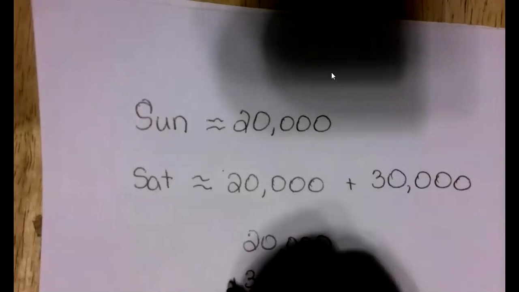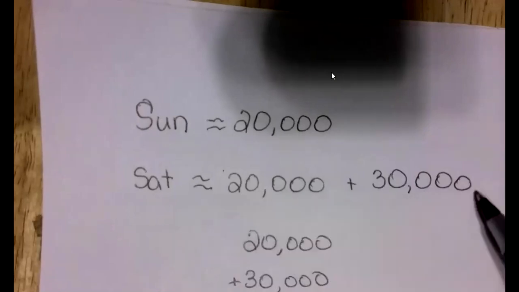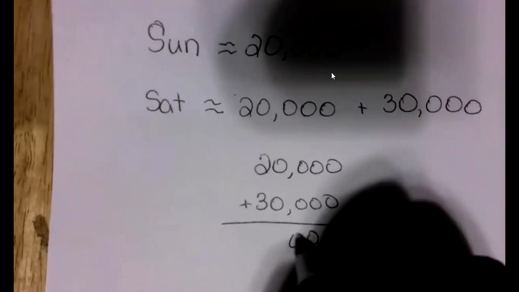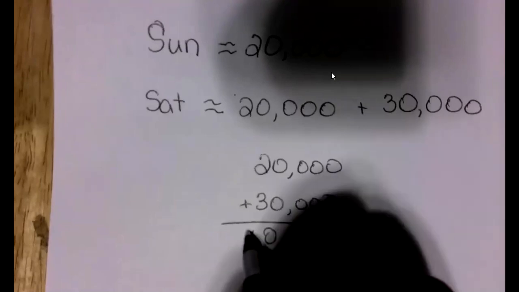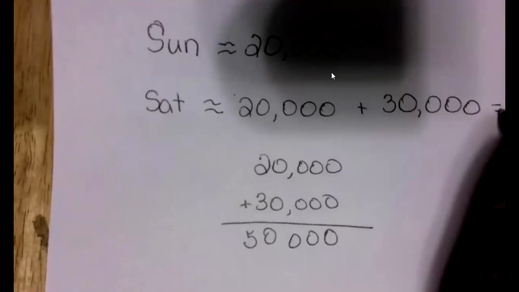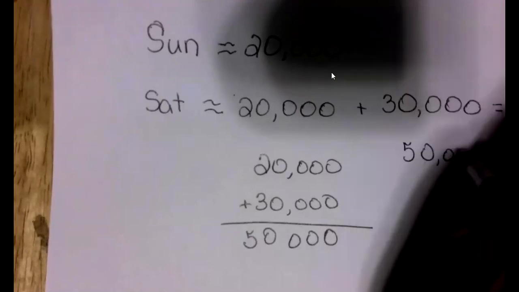Now remember, when we add, we always add vertically. We cannot add horizontal. Okay? So of course, 0 plus 0, 0, 0. You always start in your ones place value when you're adding. 0, 5. So I'm saying that on Saturday, I sold about 50,000 tickets.